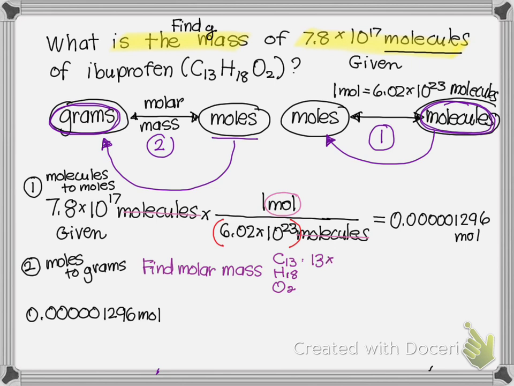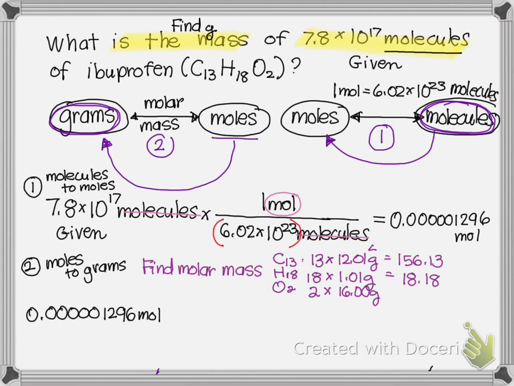So 13 times, using the periodic table, 12.01, we got 156, then 18 times 1.01, and then 2 times oxygen, which is 16.